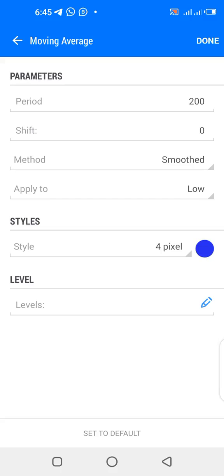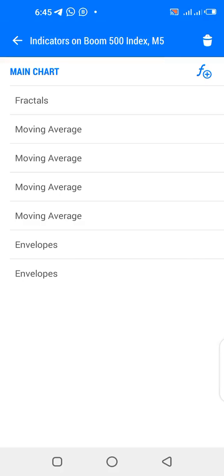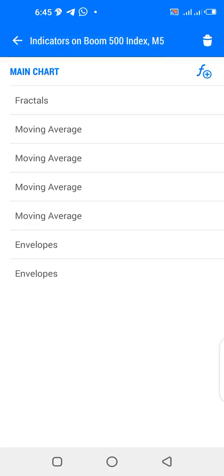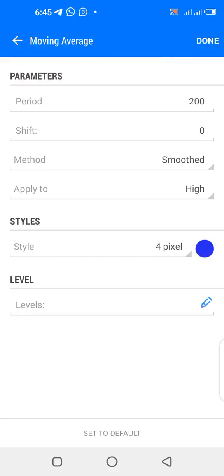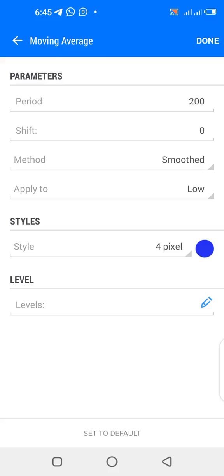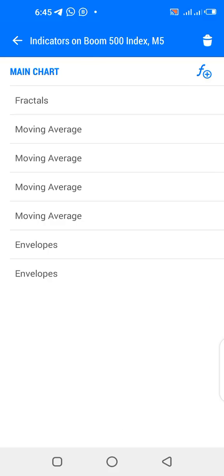The initial one is applied to high, but the next one is applied to low, and they are both smoothed. The first moving average is 13 simple moving average applied to close, but the following two are smoothed. One is high, 200, the other is low, 200, and the color is blue for the two.